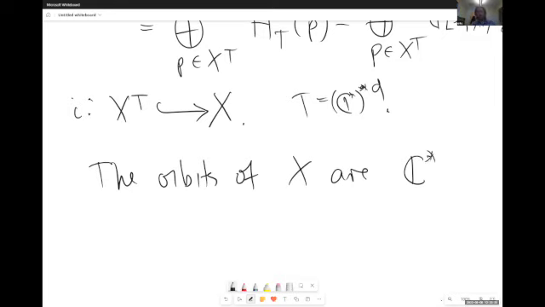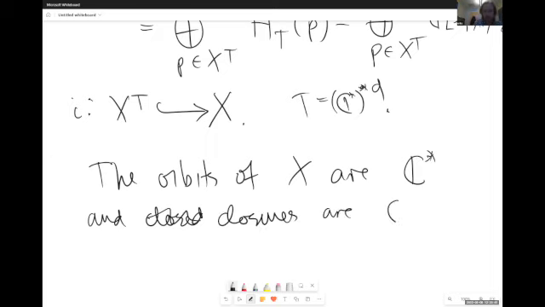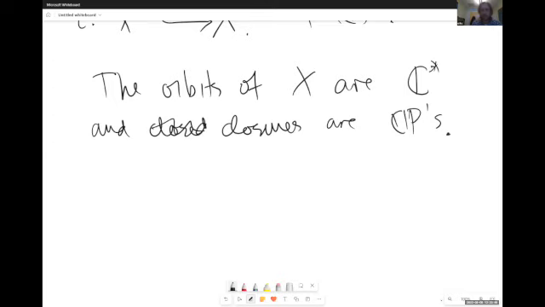And so their closures are all just going to be CP1s. And so the endpoints of each of the different CP1s, you might call these the north and south pole. So I'll call these P and Q.